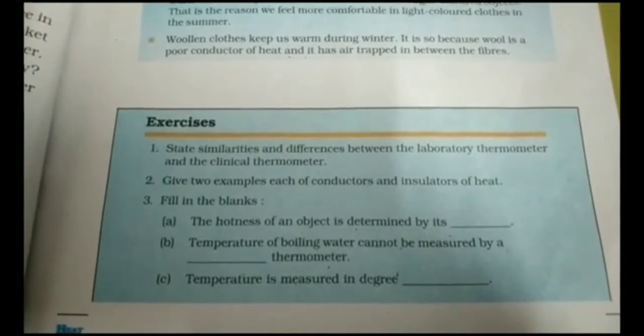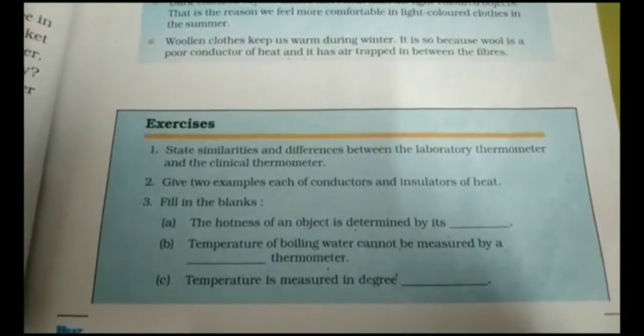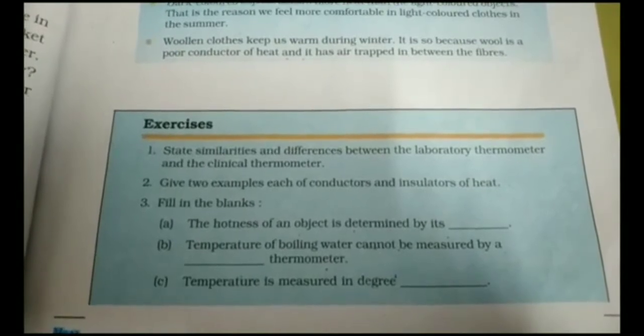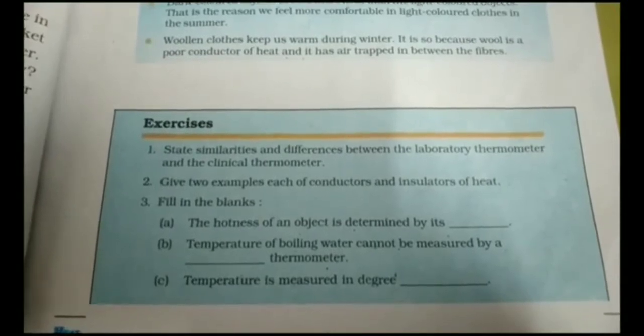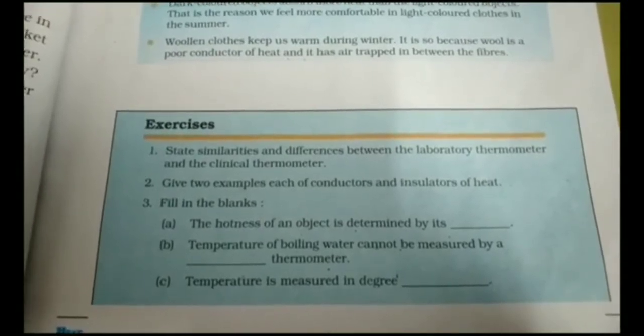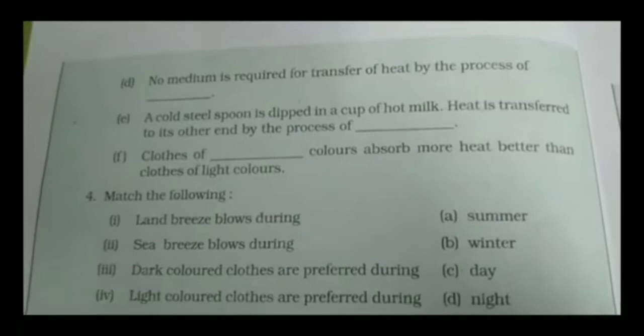Fill in the blanks. The hotness of an object is determined by its temperature. Temperature of boiling water cannot be measured by a clinical thermometer. Temperature is measured in degree Celsius. Next, no medium is required for transfer of heat by the process of radiation.